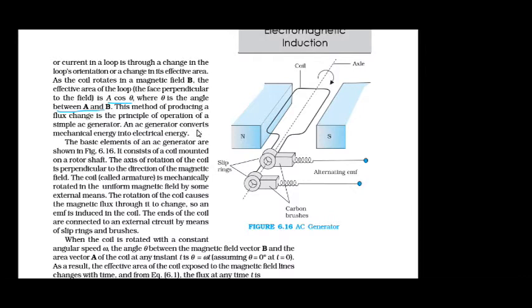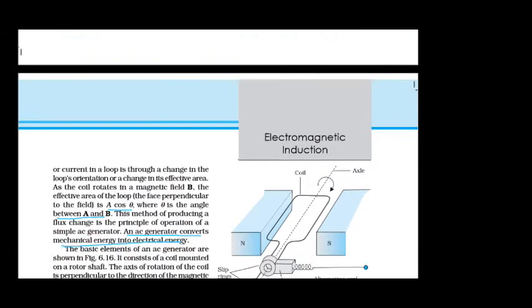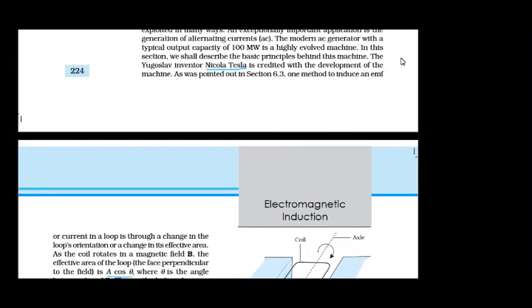An AC generator converts mechanical energy to electrical energy. So what is the main principle here for the AC generator? Let us go through it.